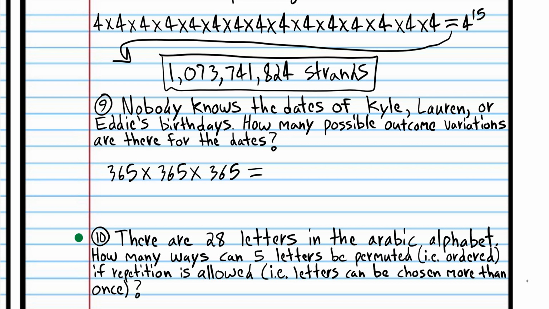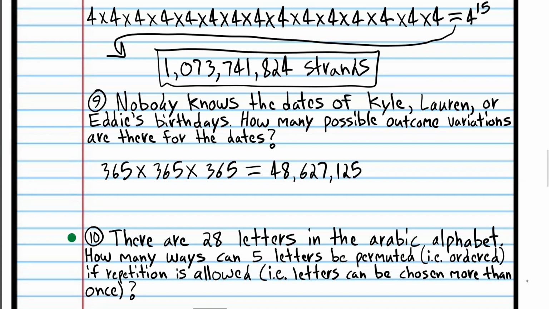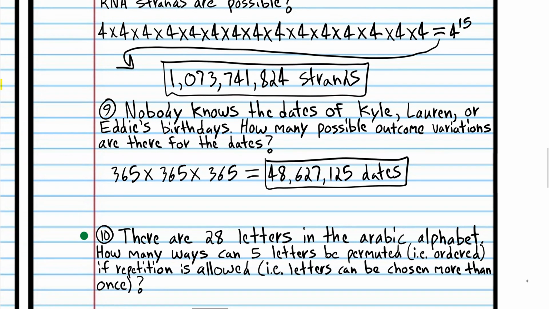So 365 to the third power is equal to 48,627,125 dates. And we should probably say outcome variation. That would probably be more accurate.